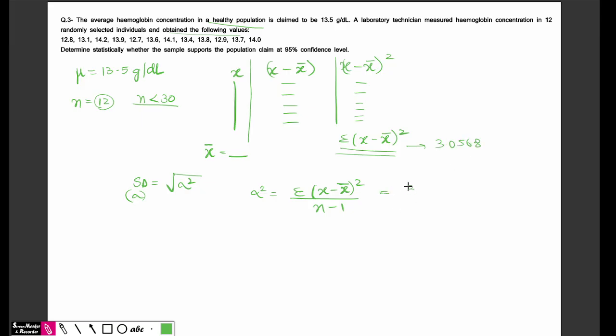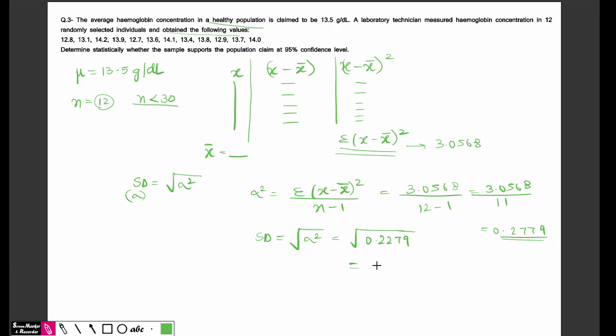So you have to put it here, and the total n was 12. So 12 minus 1, it is 3.0568 upon 11. This comes out to be 0.2779. So this is the value of variance. Now standard deviation is root of variance, so it is root of 0.2779 and it comes out to be 0.52.